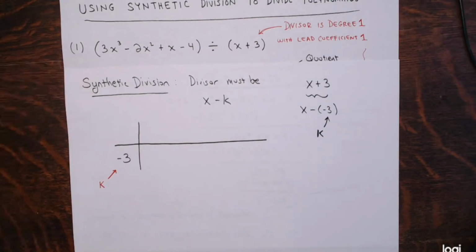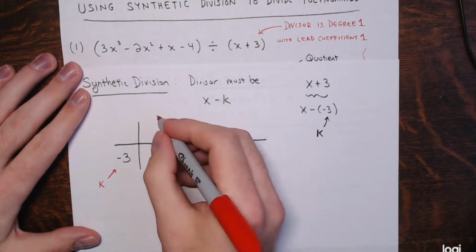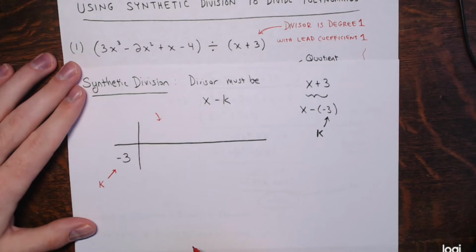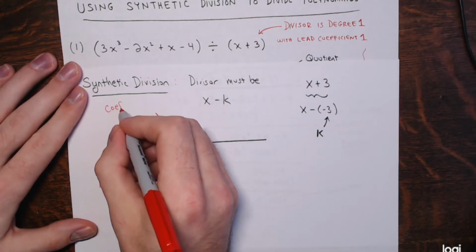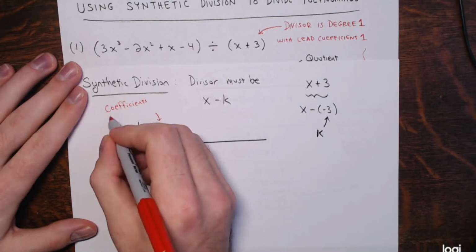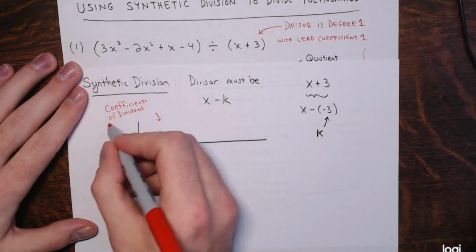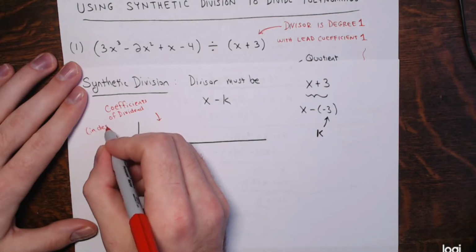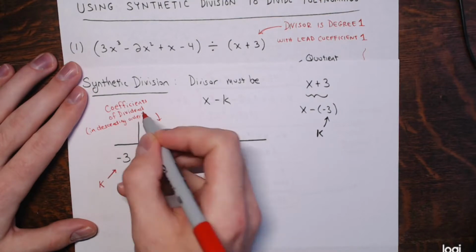Now, up top, in the upper right-hand section, I put the coefficients of the dividend, just the coefficients, in descending order. Don't skip any powers either.